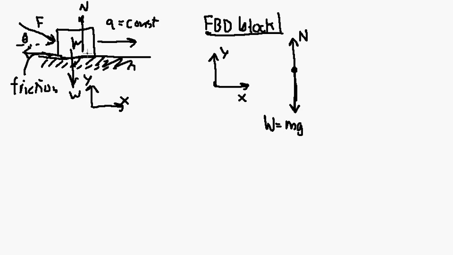But we're going to assume that it is going to the right. So the force of friction is going to act this way. So there's your F sub f. And then the force F is going to be acting in this direction at an angle theta.